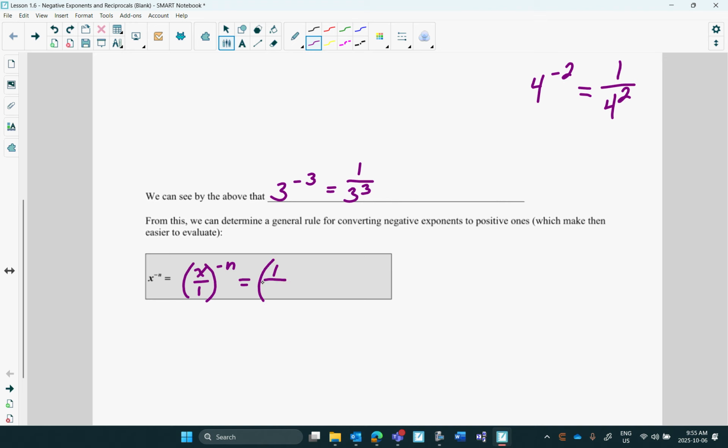Take the reciprocal, flip it. And it becomes 1 over n to the positive second. Which is just the same as, well, 1 to the n is always going to be 1, whatever over x to the n. So whenever you have one of these, change the base to a fraction, flip it, make the exponent positive, and figure it out from there.